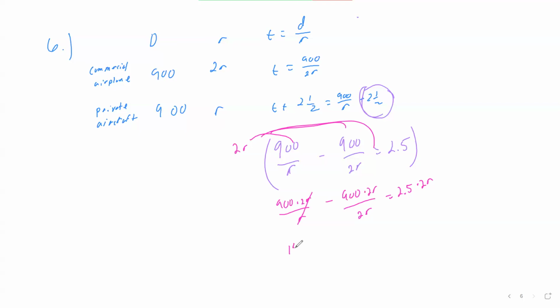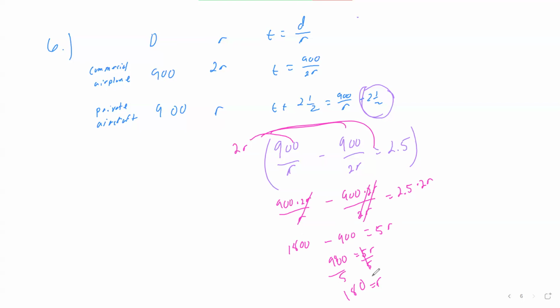The r's would cancel, so that gives me 1800 minus 900 equals 5r. 1800 minus 900 is 900. 5r. Divide that by 5. 5 goes into 9 one time with the remainder of 4. 5 goes into 40 eight times, so 180.